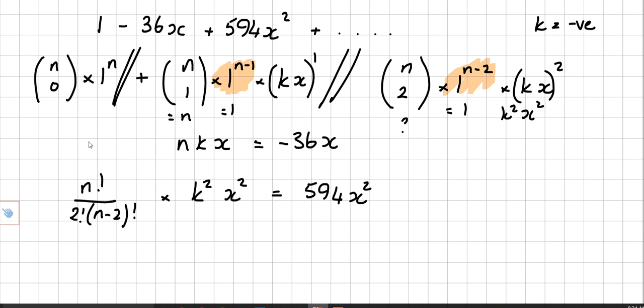So, that's my first piece of information, that's my second piece of information. For the second term, we just wrote nkx equals negative 36x. How do you get just n if the term is n minus 1? The first line of Pascal's triangle is always 1, the second one is always itself.